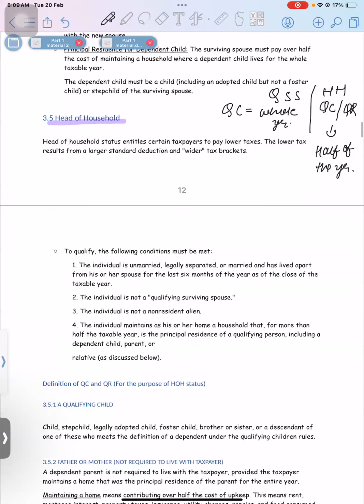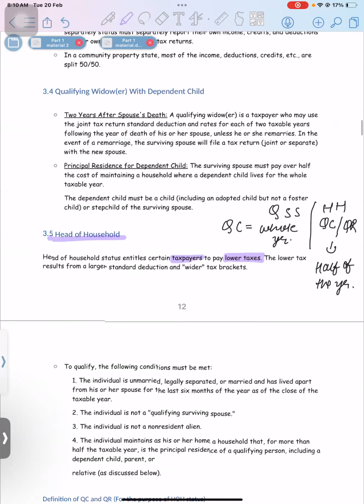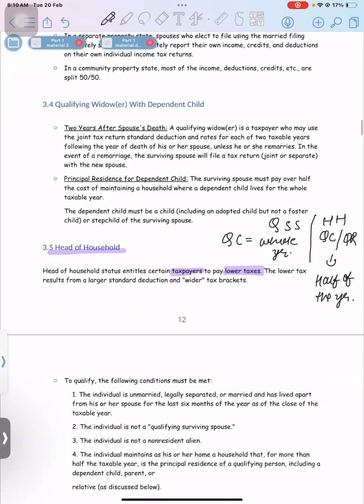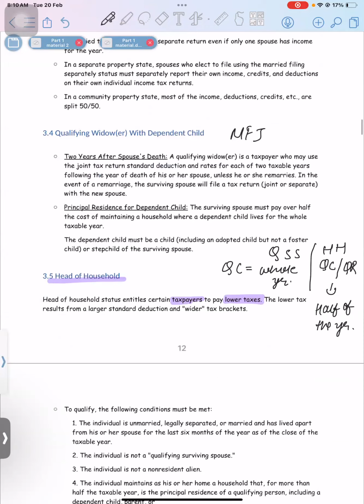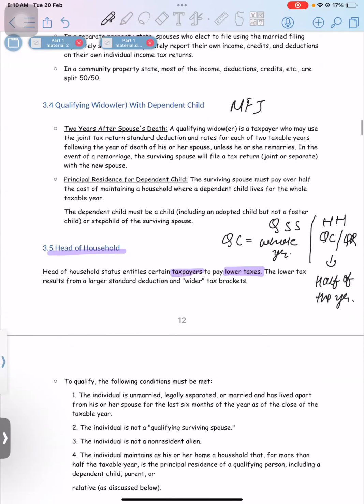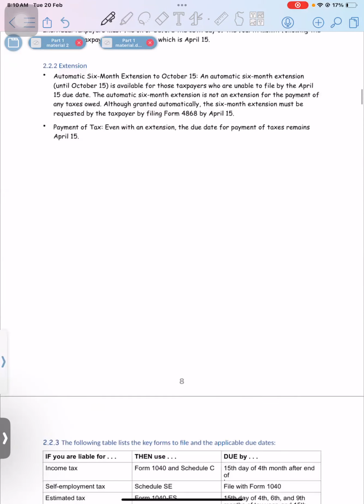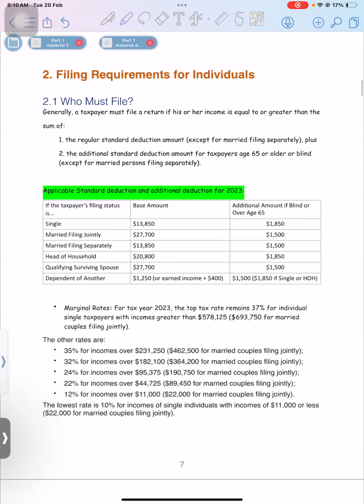So head of household status entitles certain taxpayers to pay lower taxes. Just like in QSS, you have the same slab rate as that of MFJ filer. For HOH, the slab rates are also less, but not as much as MFJ. So let's see, for HOH, it is 2800.